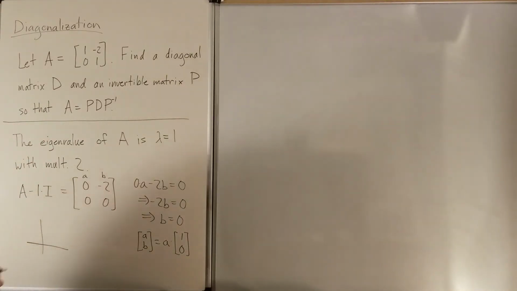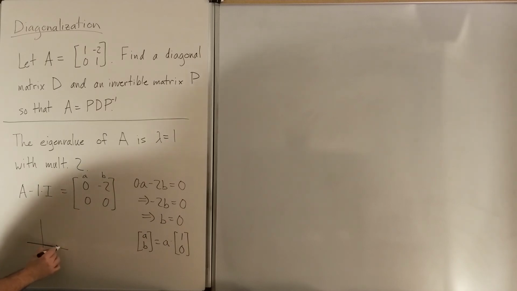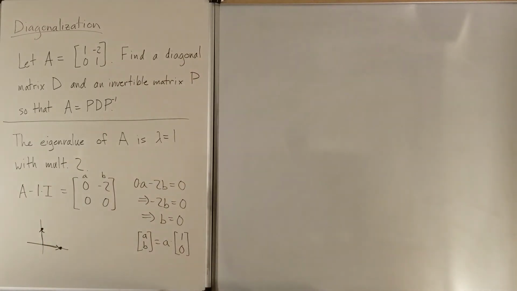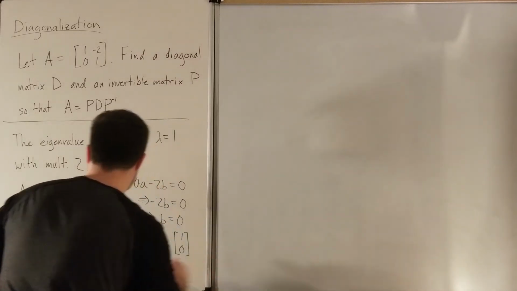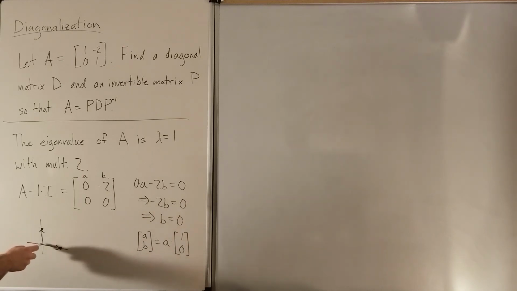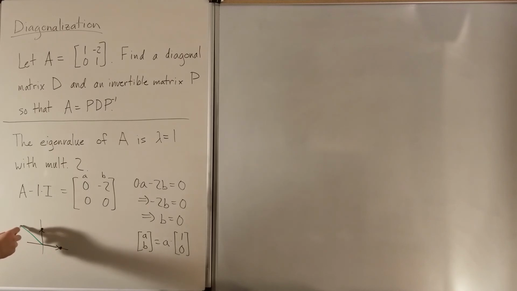So just graphing these things, we have our E1 and E2. The E1 is going to itself, so the E1 is staying where it is after this transformation. And E2 is going to negative 2 times E1 plus E2.